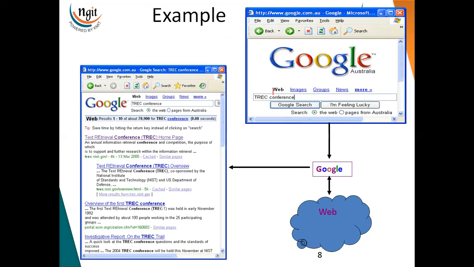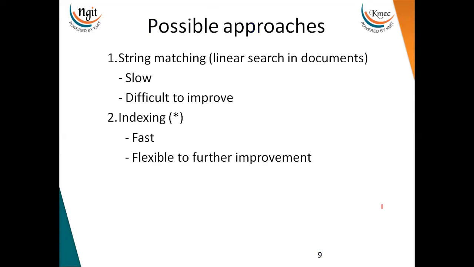So you know that in Google, you will apply some search, and that search will be converted into a query, and you will try to retrieve the information from the web. Now here, how is the information retrieval system trying to match the query with the relevant document? It may go with the linear search approach.